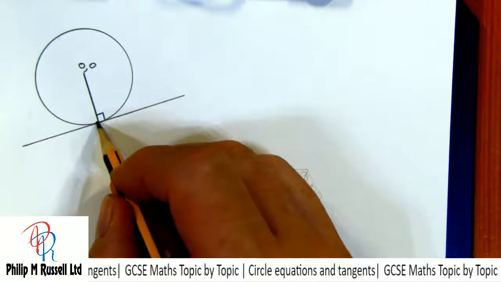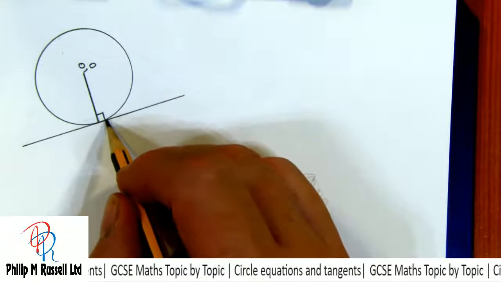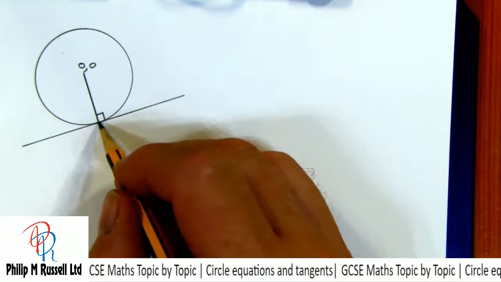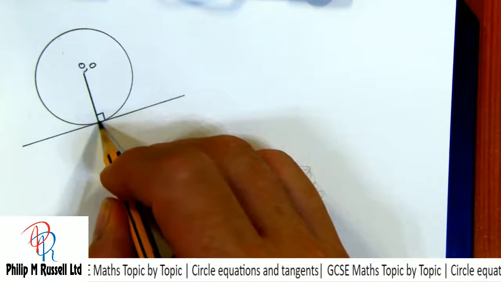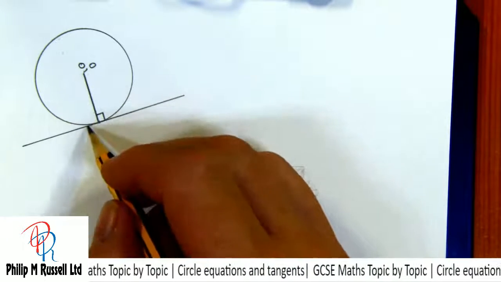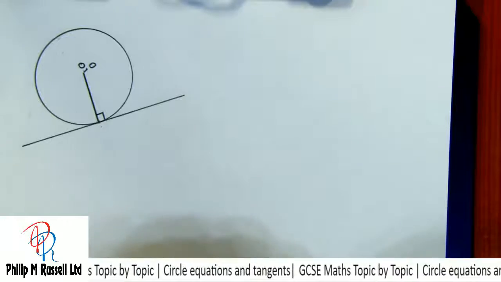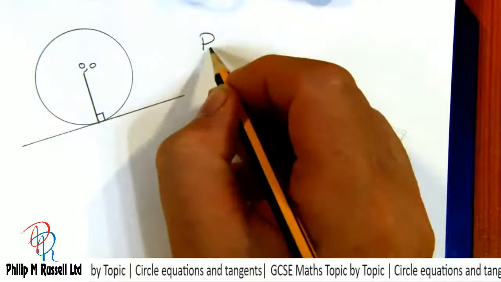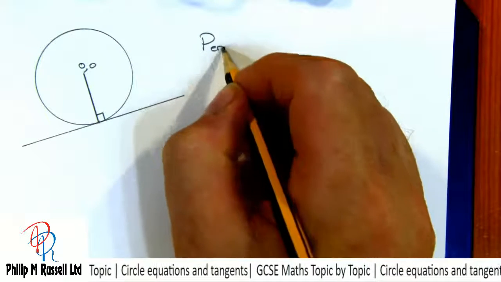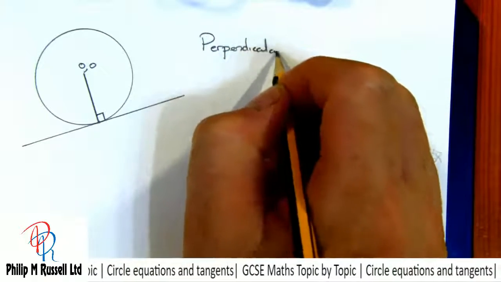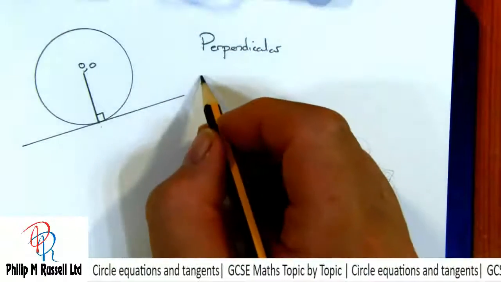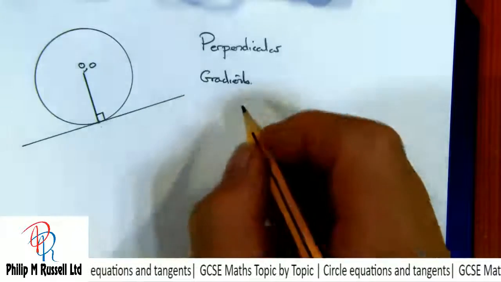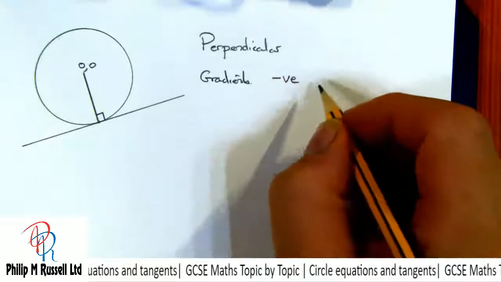If I knew where this line of this tangent meets this radius, which it meets at the circle, so if it meets at the circumference of this circle, then I can work out various things, because we know that if these two meet at 90 degrees, then they are simply perpendicular, and that means we know something about their gradients, and their gradients will be the negative reciprocal.